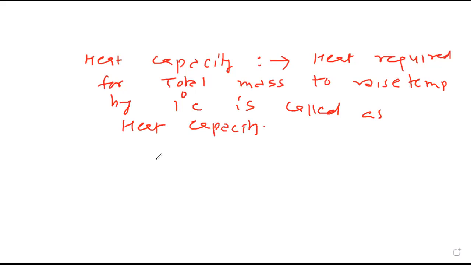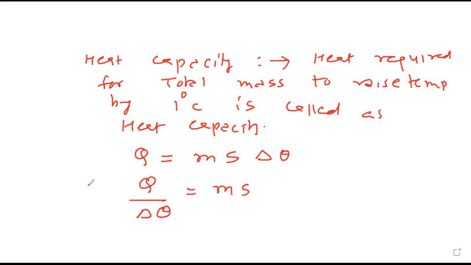So we require total mass for 1 degree Celsius. That means Q is mass into specific heat into delta theta. This is for delta theta. I want heat only for 1 degree. So divide by the temperature change, ms. This is called heat capacity.